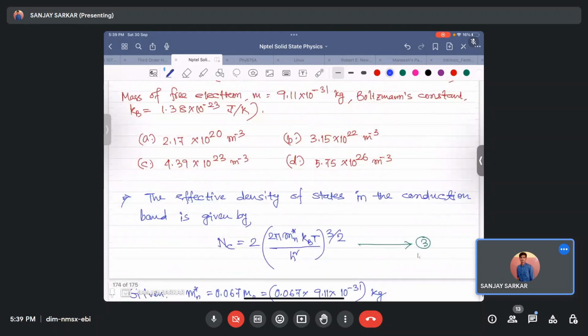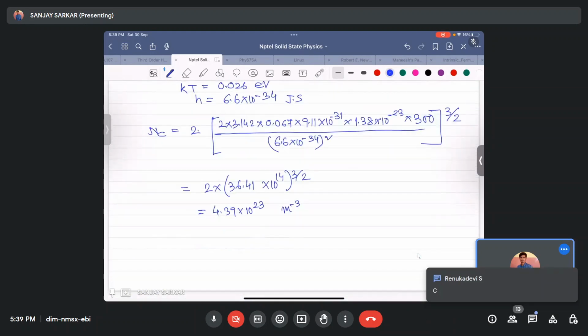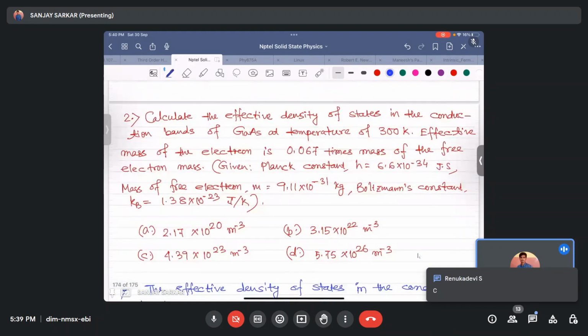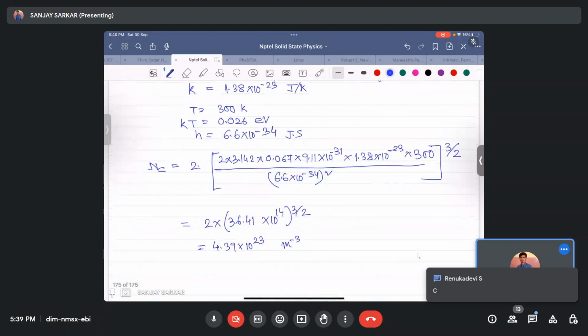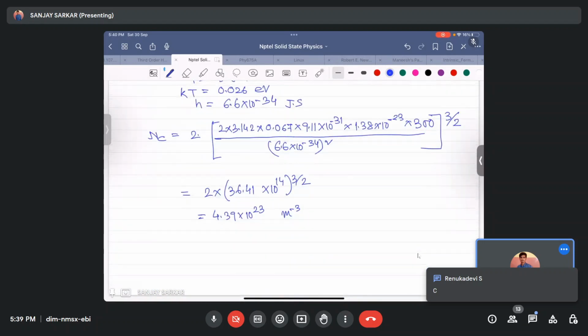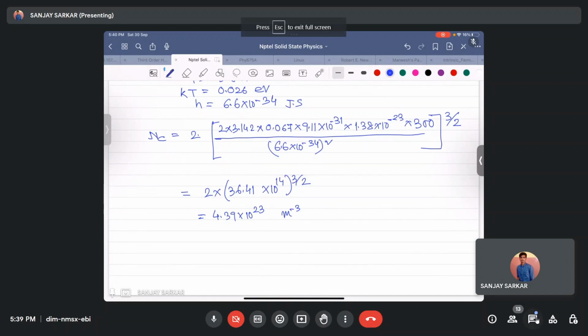So this matches with option C. This is the effective density of states in the conduction band. So option C is indeed correct.